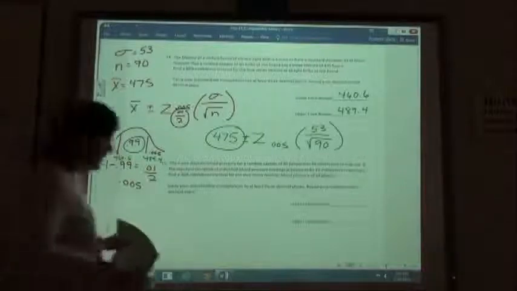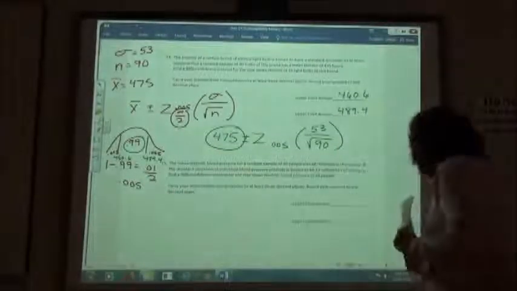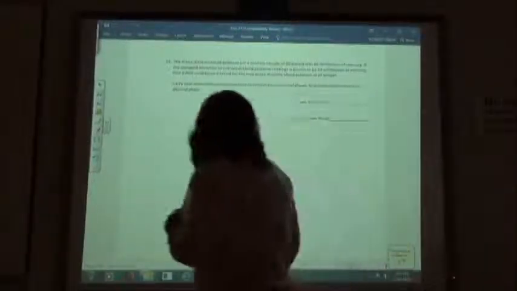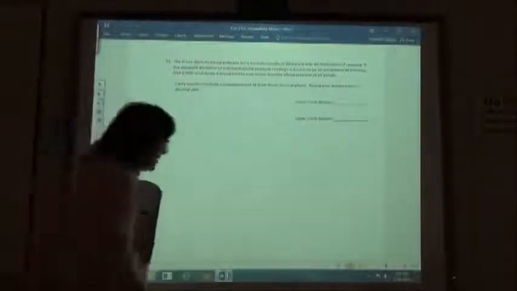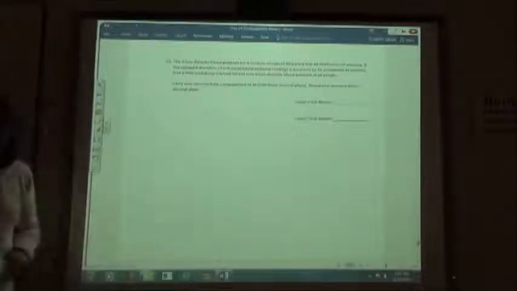All right, 15 is the last one on this page. The mean diastolic blood pressure for a random sample of 80 people was 88 millimeters of mercury. The standard deviation of the individual blood pressure readings is known to be 12 millimeters of mercury. For a 90% confidence interval for the true mean, we want to find our lower and our upper limits. So, our X bar, our mean value.